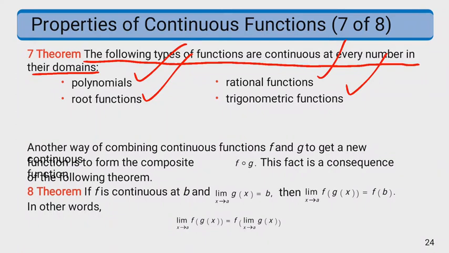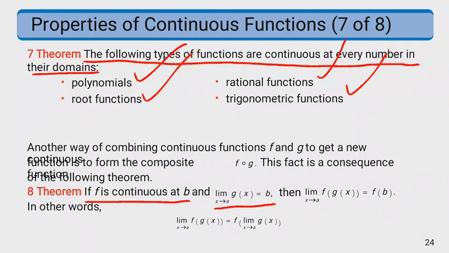And that brings us to one last theorem that can address the issue of composite functions, a function that is built with another function. So first, suppose that f of x is continuous at x equal to b, and the limit of g of x as x goes to a is b.